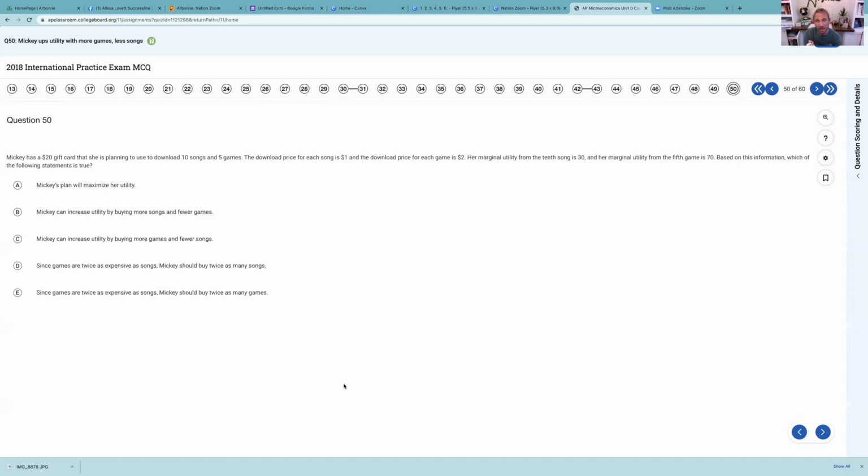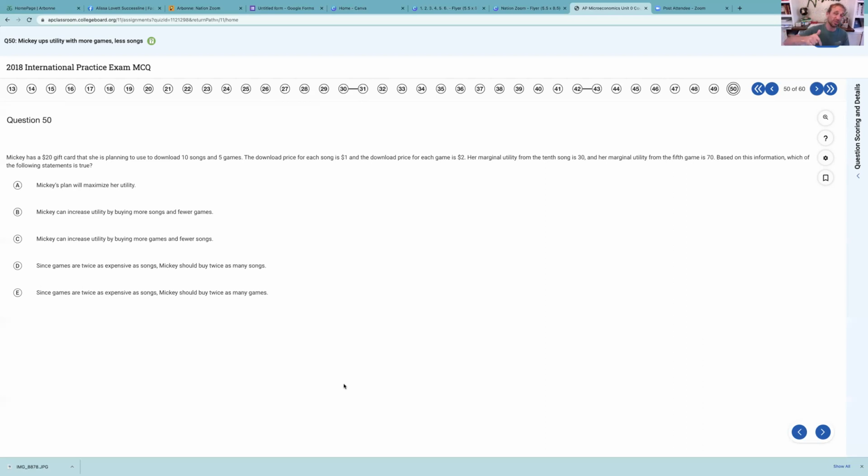And from the game, her marginal utility was 70 and it cost her $2, which means your marginal utility per dollar was 35 per dollar. Does that make sense? So let me say it again. The 10th song yielded 30 utility per dollar because it cost $1. The game was 70 utility for the last one divided by the price of 2. So the last game was 35 per dollar.